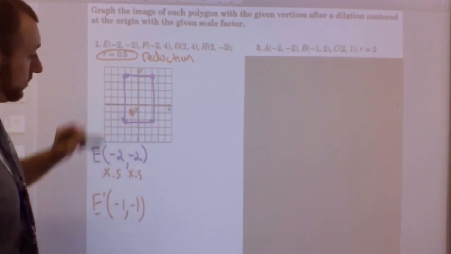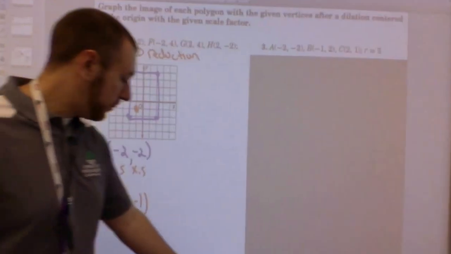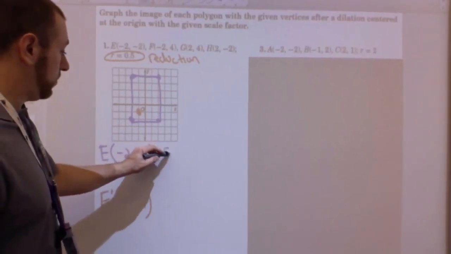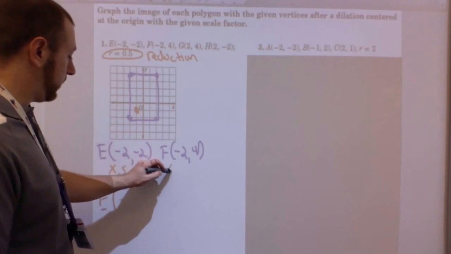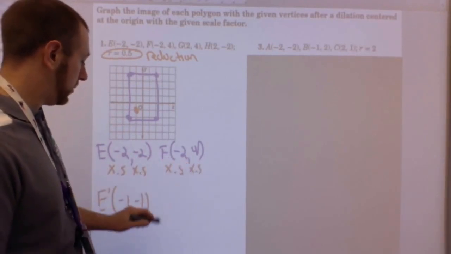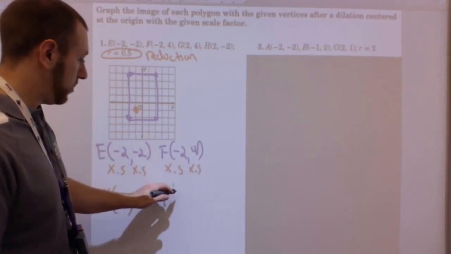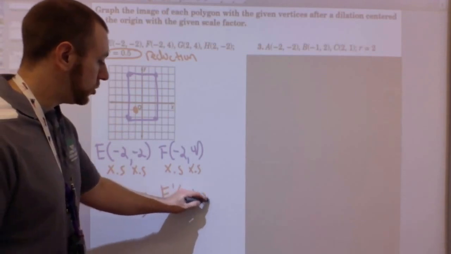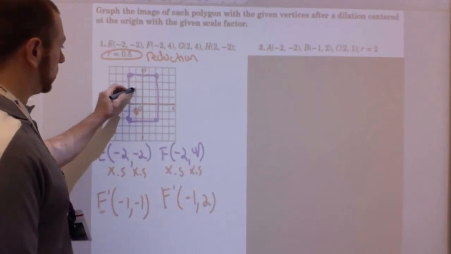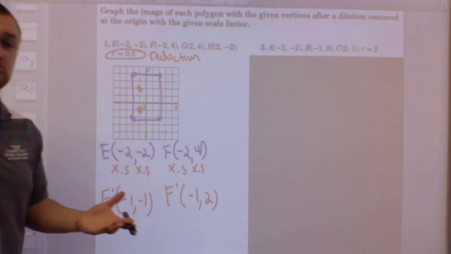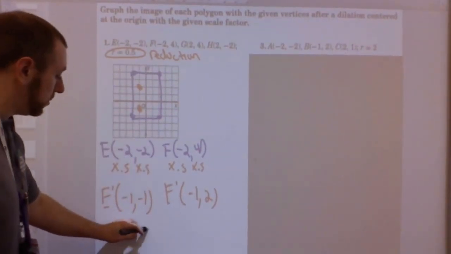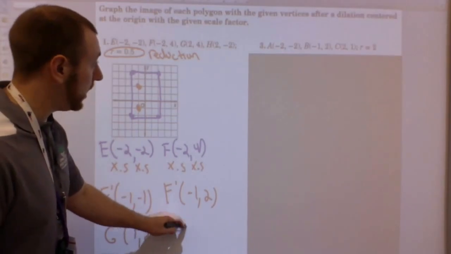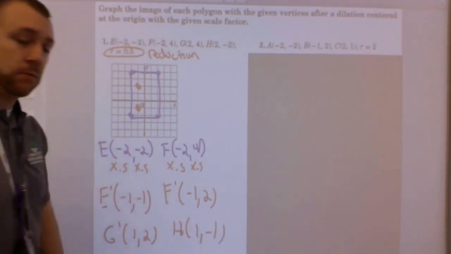Okay, now I would repeat the same process with F, -2, 4. I multiply by 0.5, and my new F prime is going to be -1, 2. I can repeat each one of these and get my new G is going to be 1, 2, and my H is going to be 1, -1.